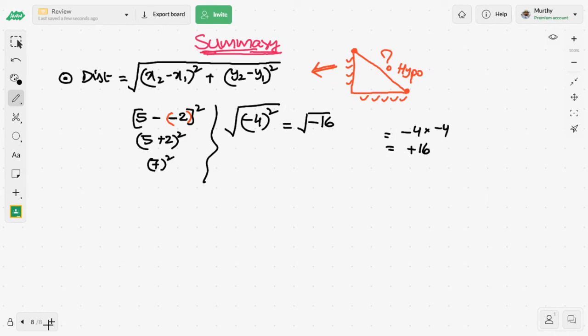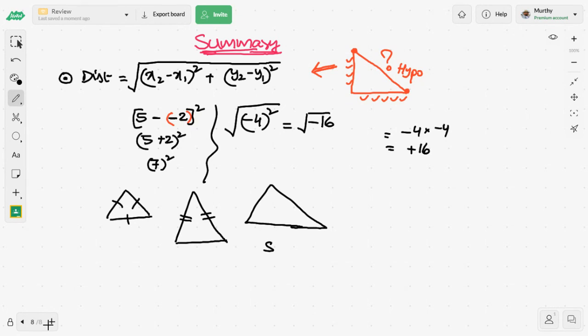Again, when it comes to triangles, if all three sides are equal, then that is an equilateral triangle. If you know how to compute the length of each side, and only two sides are equal, then it is an isosceles triangle. And if no sides are equal, then it is called a scalene triangle.